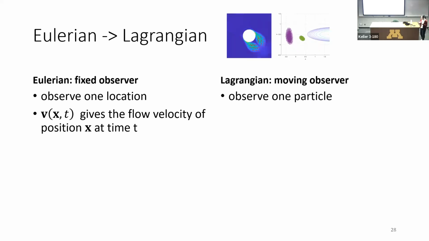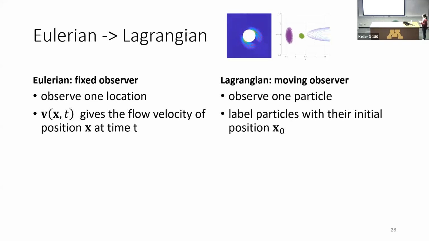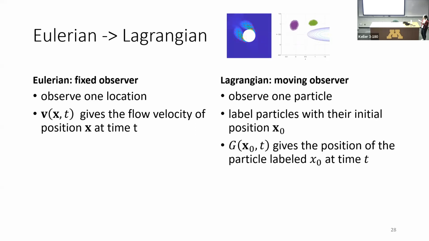But the Lagrangian point of view is I move my observer. My observer is moving, following one of the particles in the flow. So if we label the particle with its initial position at 0, the Lagrangian point of view is trying to find this function G, the solution map, that tells you which position the particle is at time t if it is initialized at position x0.